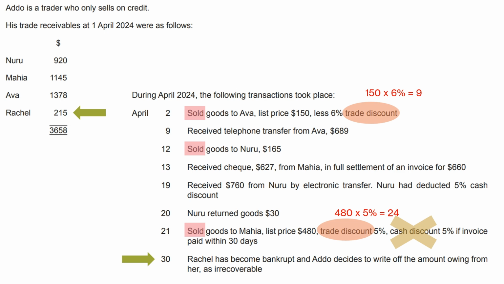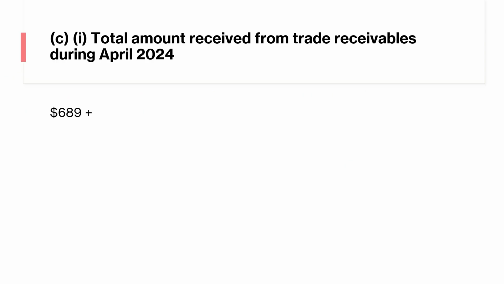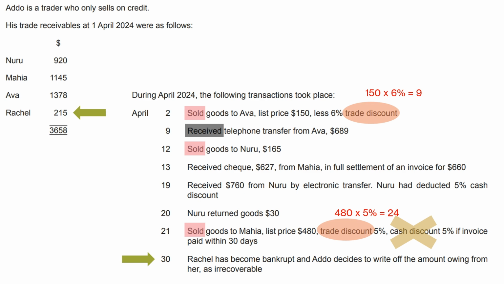If you skim through the transactions, you will see that there was a cash receipt on the 9th, a telephone transfer from Ava, $689. So you will record that. And then there is another receipt, a check, $627 from Mahia.